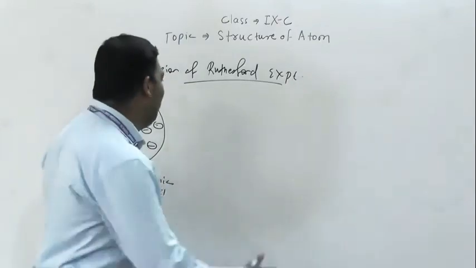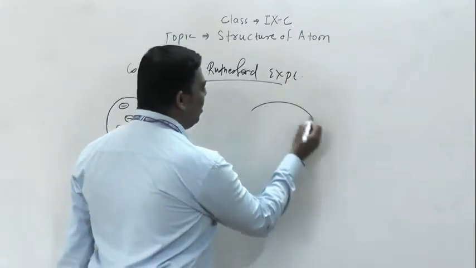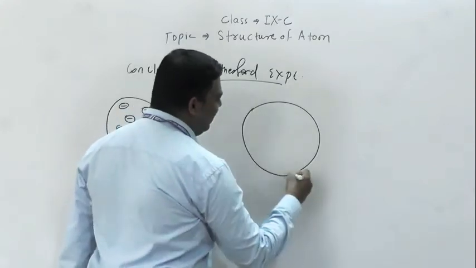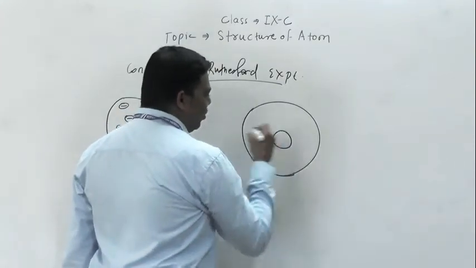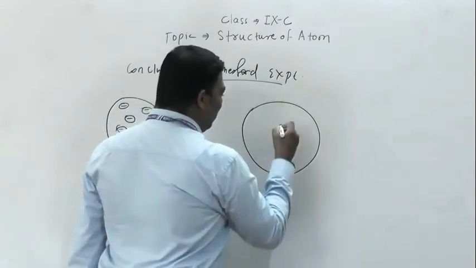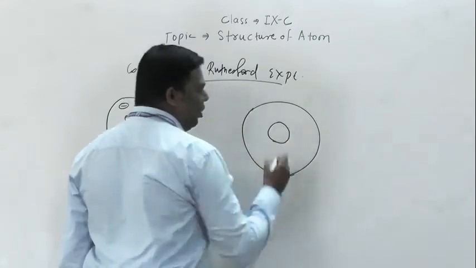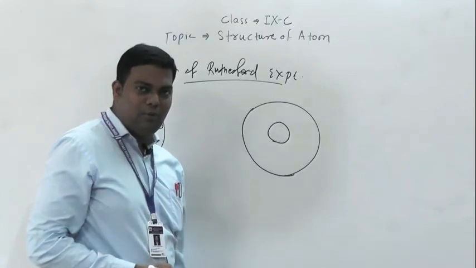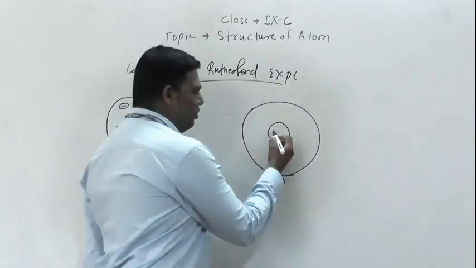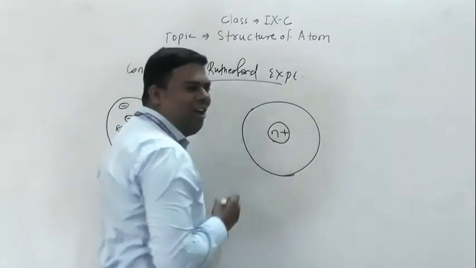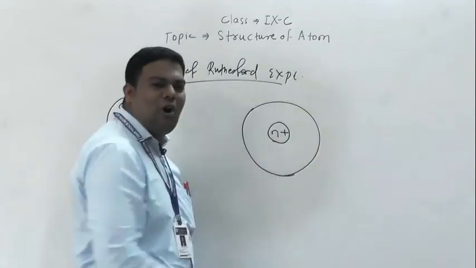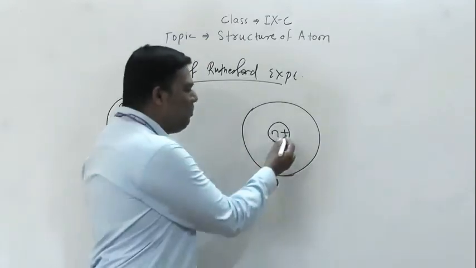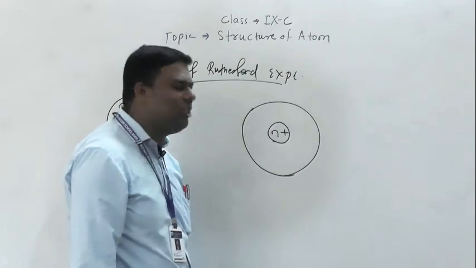Now, the actual results we got after performing Rutherford's scattering of alpha particles look like this. As you know, the constituents of the nucleus are protons and neutrons: n is neutron, and plus means protons, positively charged.